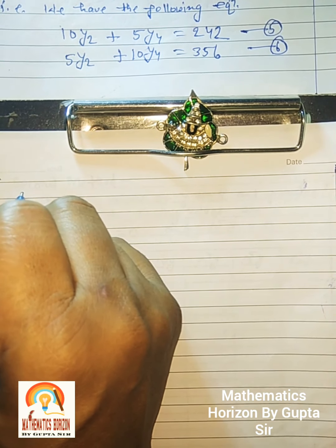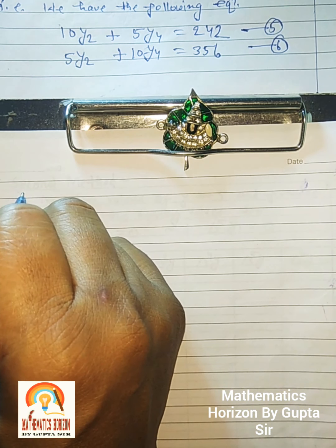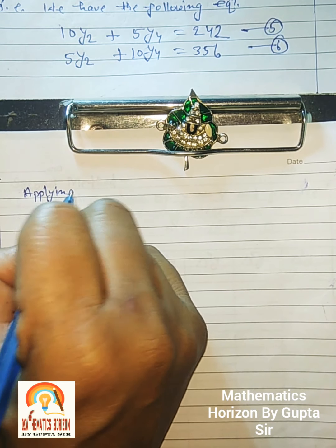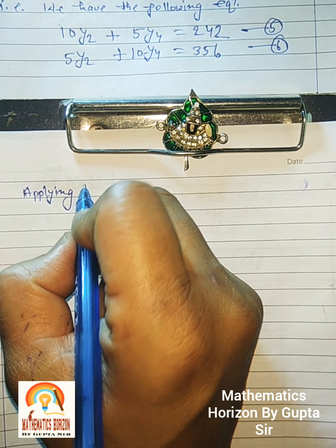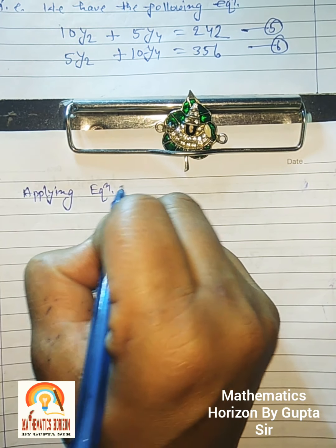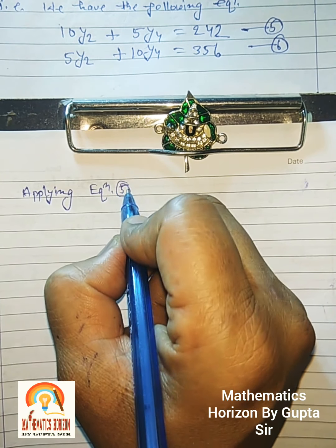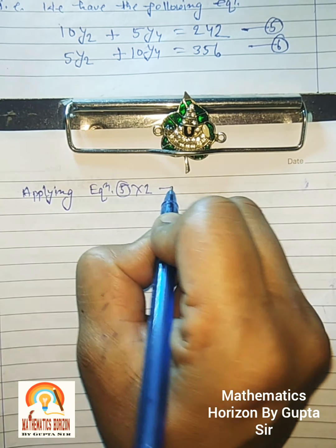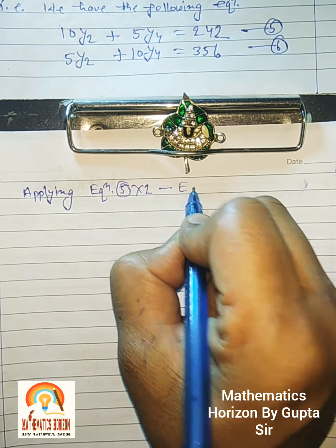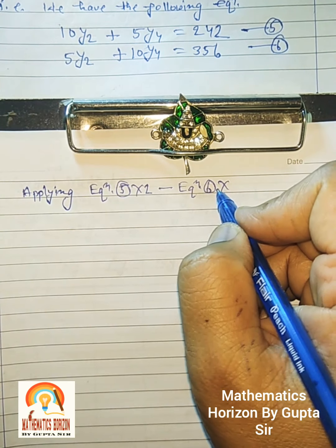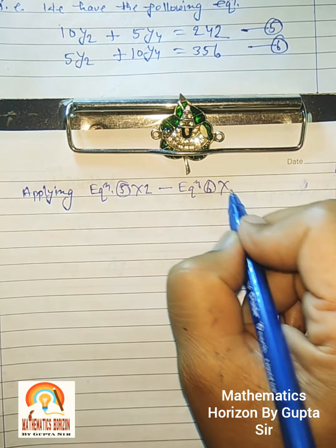Now we multiply equation 5 by 2 and subtract equation 6.